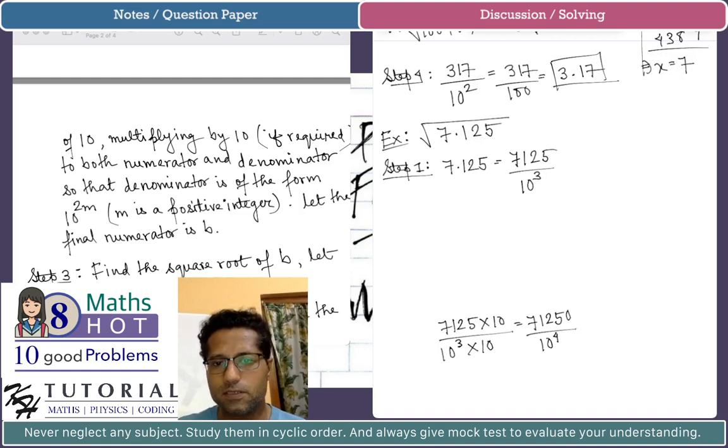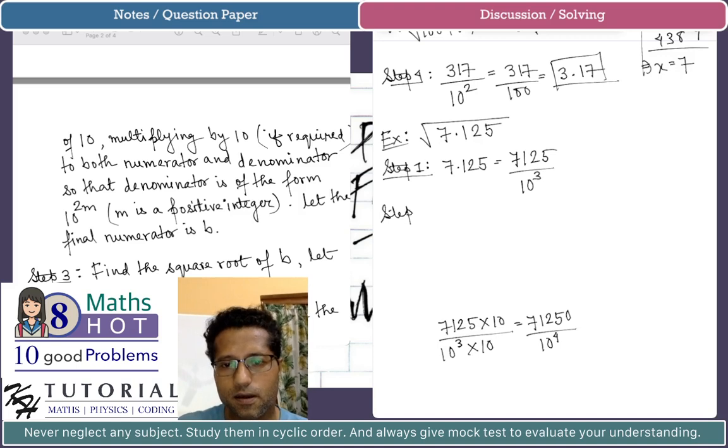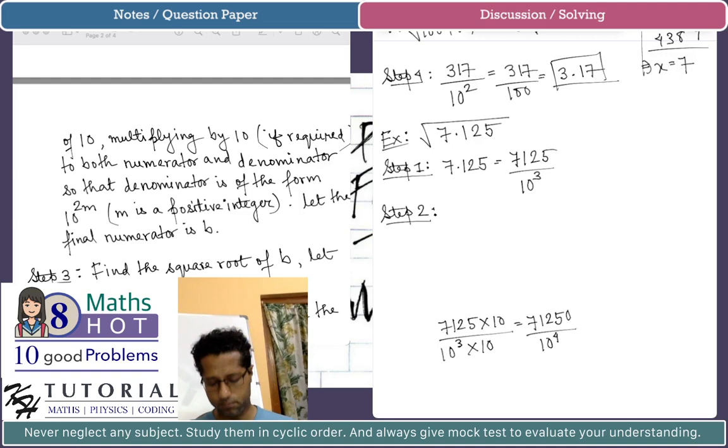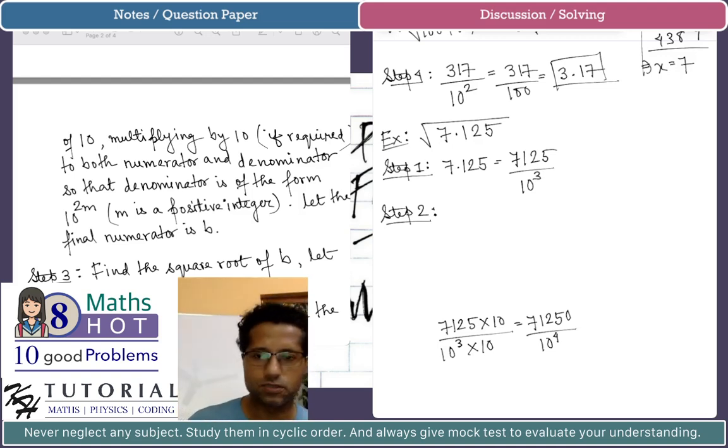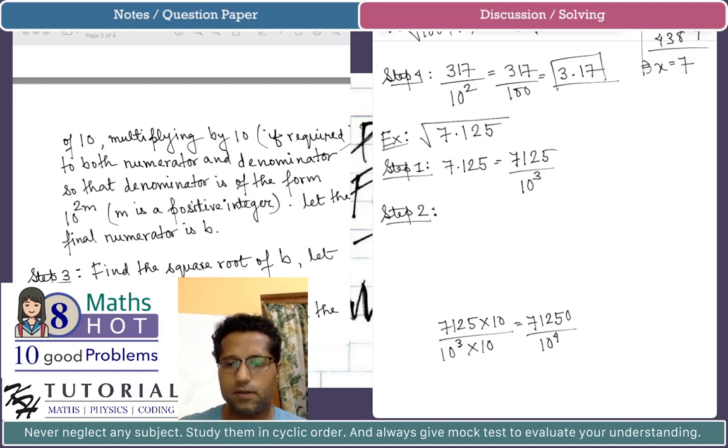So 7.125 is 7.125 divided by 10 to the power 3. Now in step 2, we have to find the equivalent form of this fraction so that the denominator is an even power of 10.